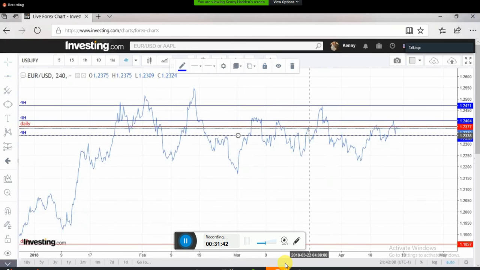That's a good one. See, we got it. Touch. There's a little bit of a gap right here. A little bit of a gap right there.